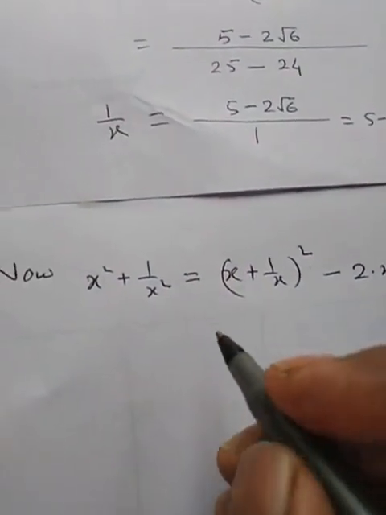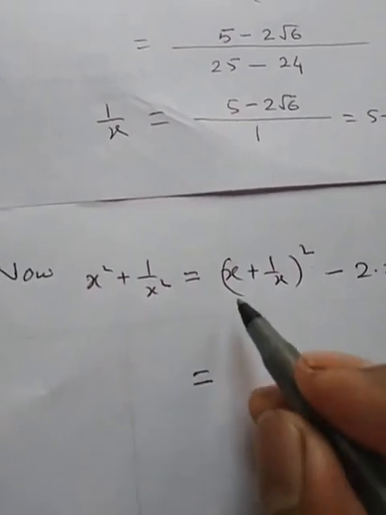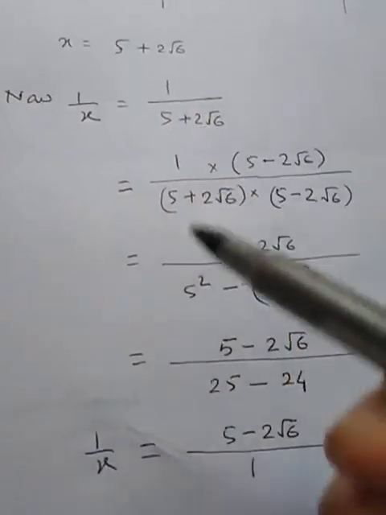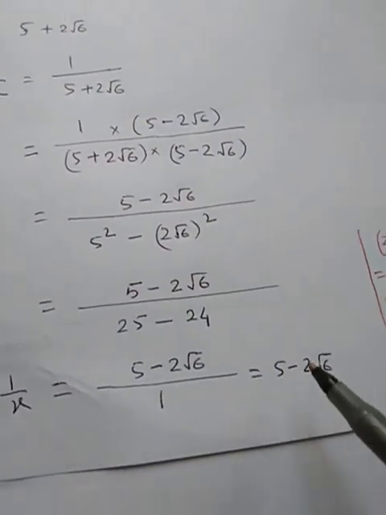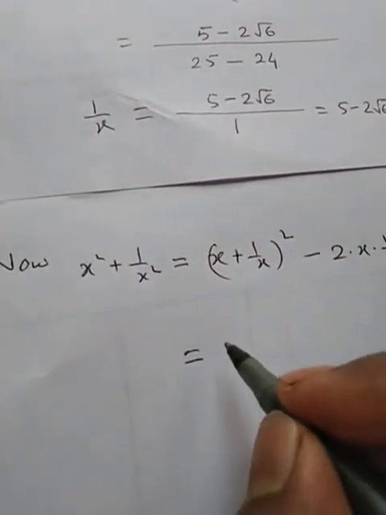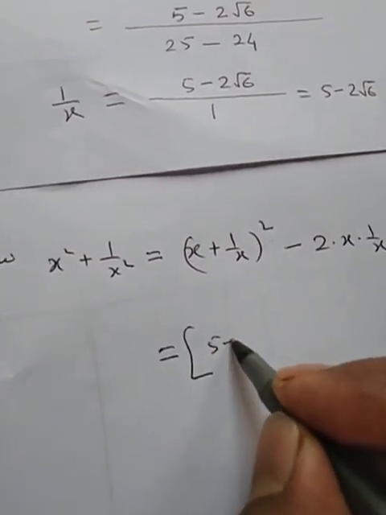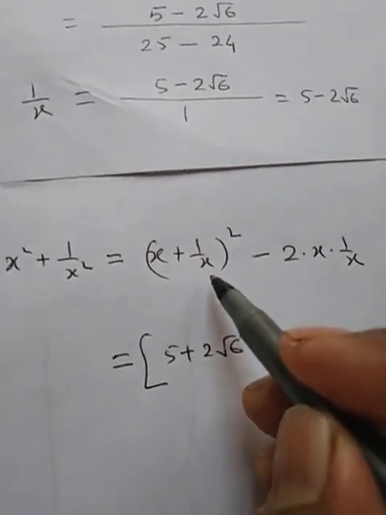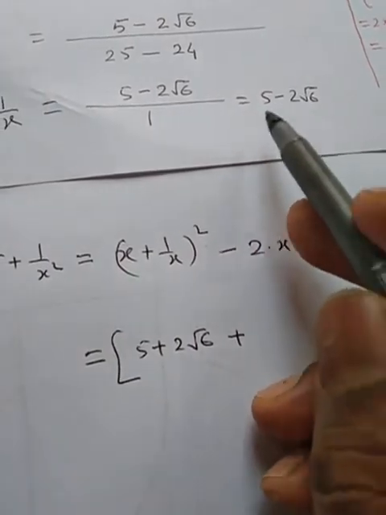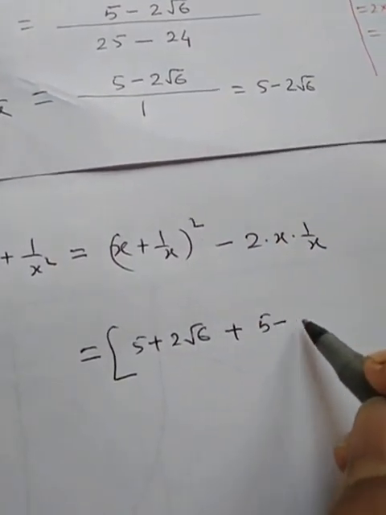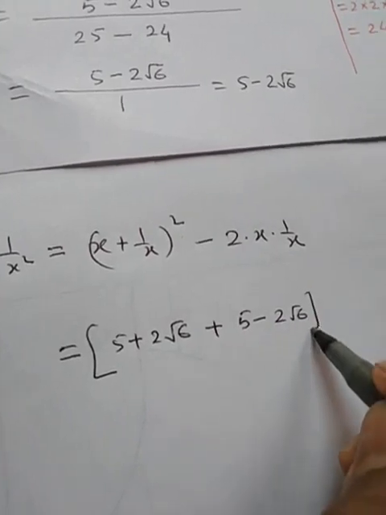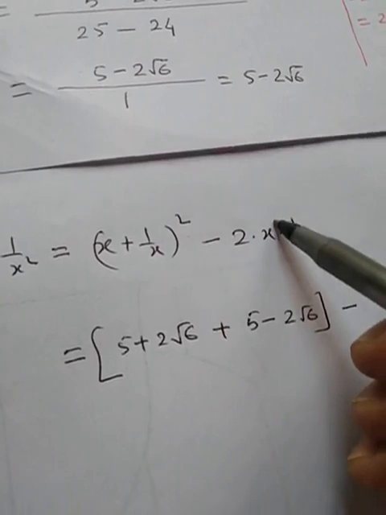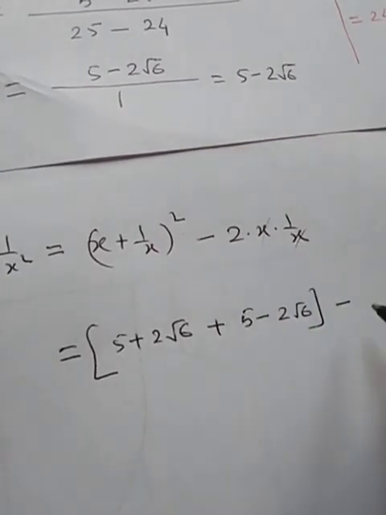So now we'll put the value of x and 1 by x. The x value is 5 plus 2 root 6 and the 1 by x value is 5 minus 2 root 6. That we will put here: 5 plus 2 root 6 plus 1 by x, meaning 5 minus 2 root 6. So x and x will cancel out, so only 2 will be left.